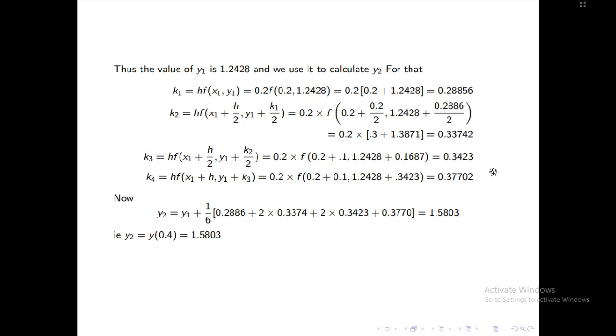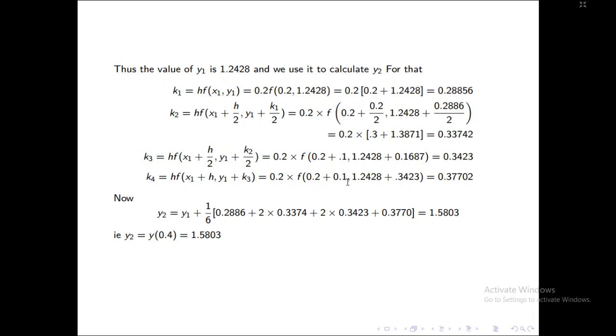Then k3 is h into f of x1 plus h by 2, that is 0.3, and y1 plus k2 by 2, y1 is 1.2428 and k2 is 0.3374, and what we obtain is 0.3423. Then k4 value, it is h into f of x1 plus h. x1 is 0.2, h is 0.2, so it is 0.2 plus 0.2, that is 0.4.